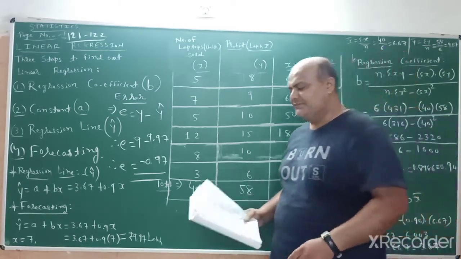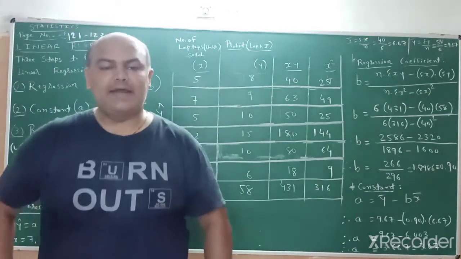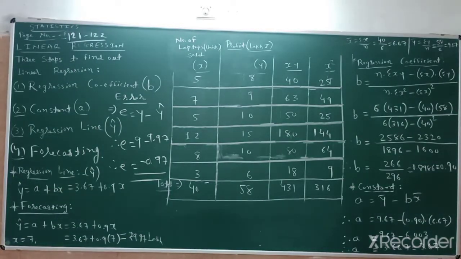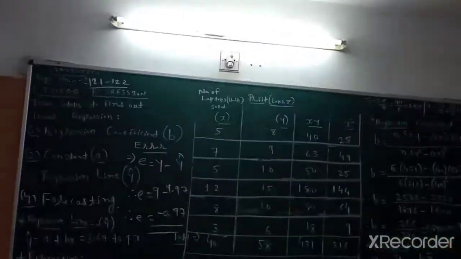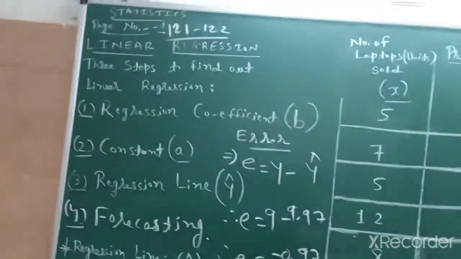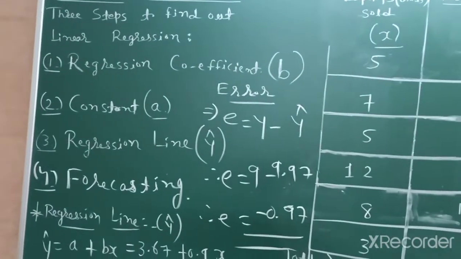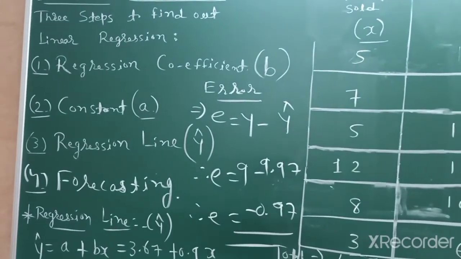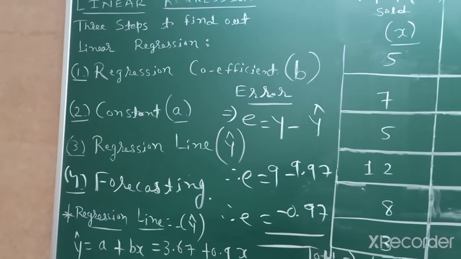So students, fast recap as per our style. At the end of each sum, I would like to revise the whole sum for you. In this particular sum of linear regression, that is page number 121 and 122, there are steps to find the regression line: regression coefficient, that is b, constant a, regression line y cap, and forecasting.